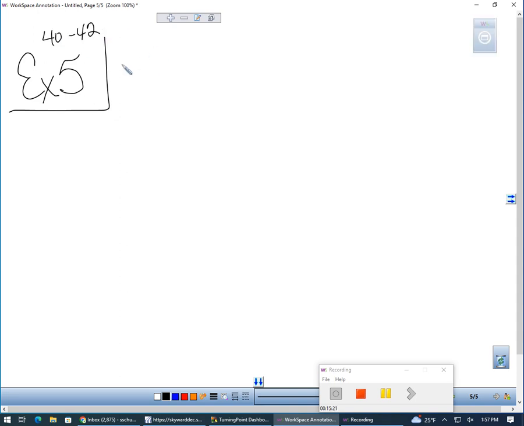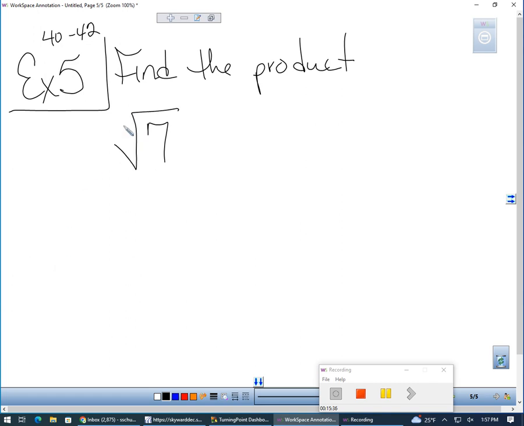And I want you to find the product. Let's say I have 7 inside a 7th root times 7 inside a cube root.